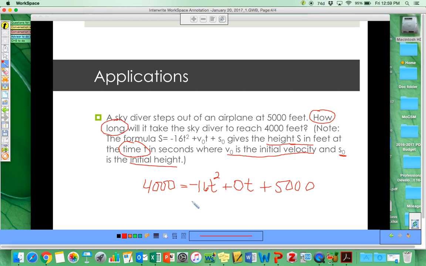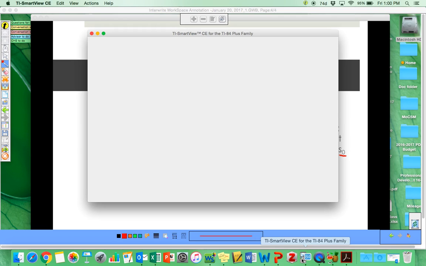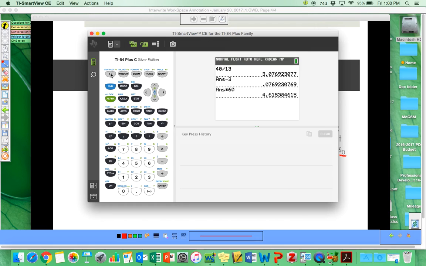And so one of the other things I want you to think about is that using a graphing calculator is a good way to solve the quadratics, or at least to check your answers also. And so as we wait here for my graphing calculator to come up. All right, maybe I'm not going to use my graphing calculator.